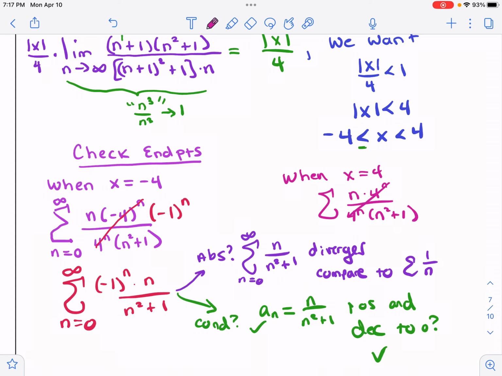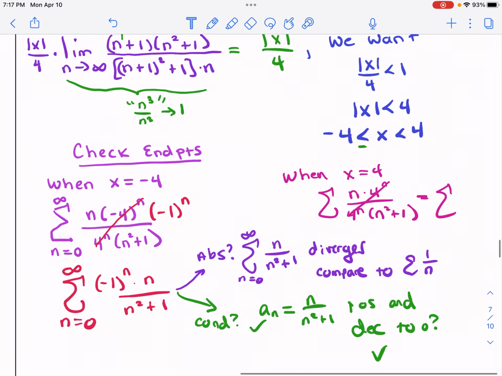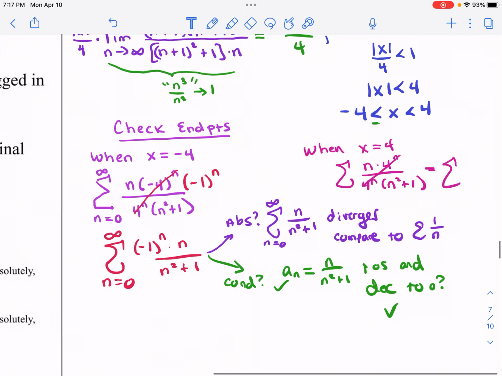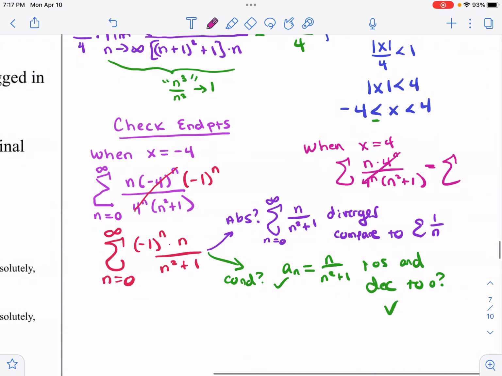You end up with n over n squared plus 1. Okay, and we already analyzed that. That's exactly the same as this series here when we were checking for absolute convergence. That's going to behave like 1 over n, that series. So this diverges.